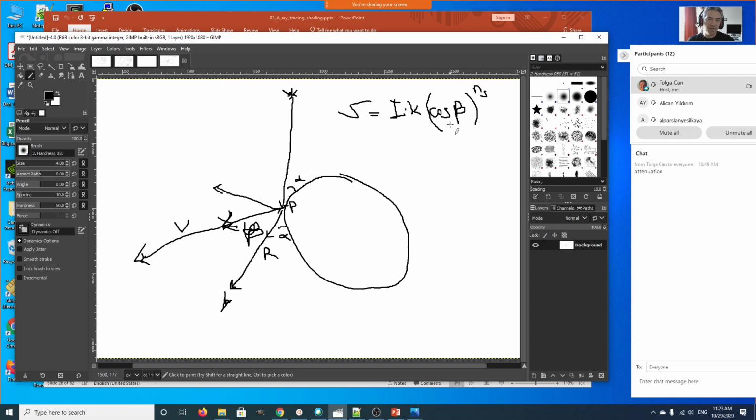Why do we take the power of cosine beta? To model more shiny surfaces.